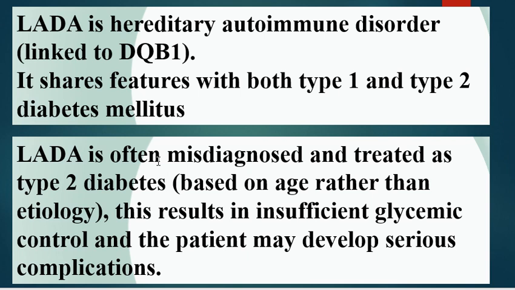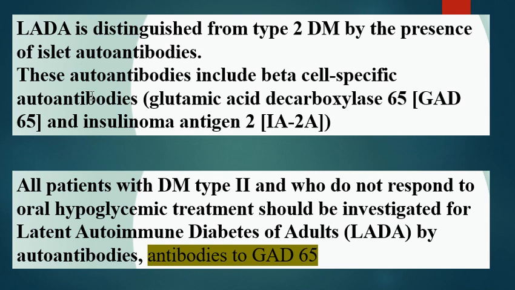So physicians and medical doctors consider it type 2 and put him on the treatment for type 2, and this may result in insufficient glycemia control, and may result in development of serious complications if it goes undiscovered. So LADA is distinguished from type 2 by the presence of some autoantibodies.